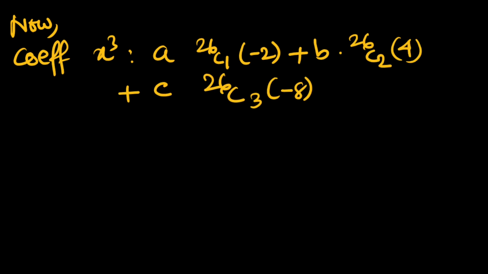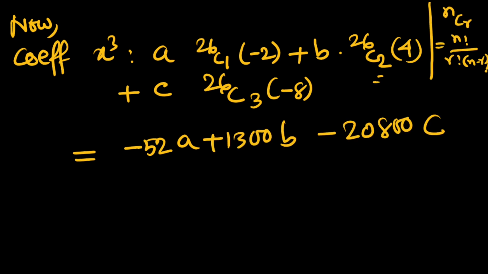Now we calculate it, then we get minus 52a plus 1300b minus 20800c. Using the same nCr formula, n factorial over r factorial, n minus r factorial, here and here also.